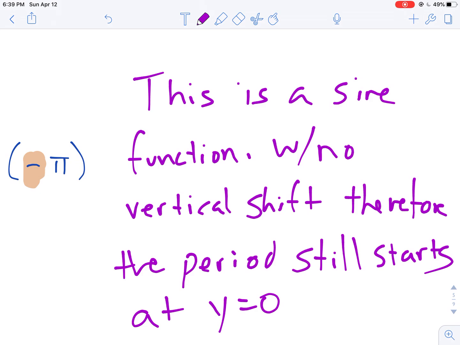Well, I've done a bunch of things here, and I've shifted where my period is going to start and end. However, what I have not done is any vertical shift. So that means my period still has to start at y is 0. I'm changing the x value where that period starts, absolutely. However, that y value remains unchanged with that vertical shift.